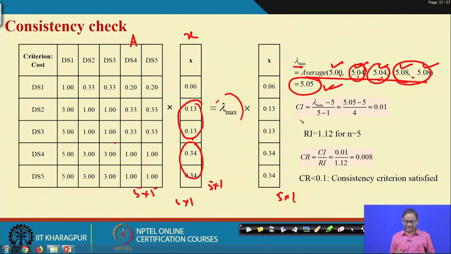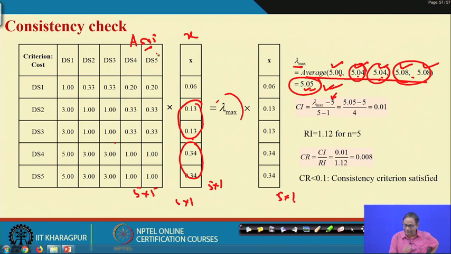I hope you understand: you will have these 5 cross 5 equations, but you want only one lambda value. So, you take the average of the 5 lambda values, and that average will be our lambda max. Now lambda max is 5.05, and n is the size of this matrix, 5 cross 5.